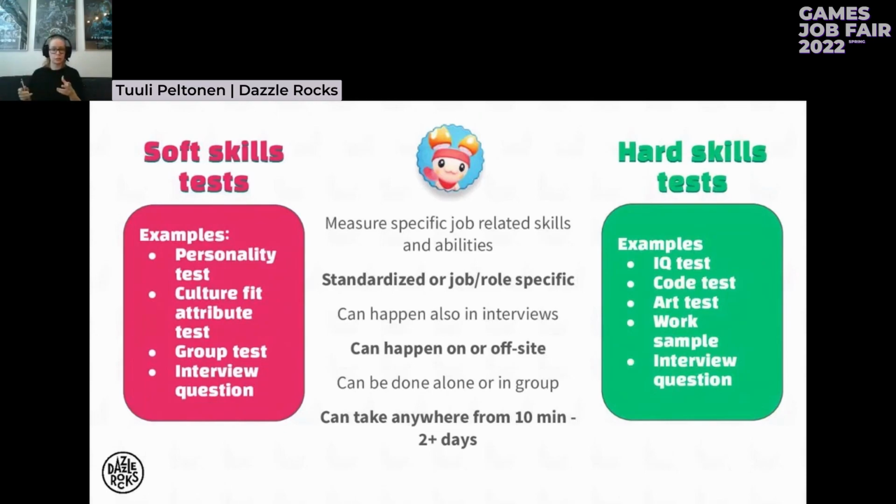And as mentioned before, they can also happen in interviews. And now, obviously, with everyone probably having experience from working remotely over the past 2 years during the COVID-19 pandemic, test assignments can happen both on or off site. So it really depends.